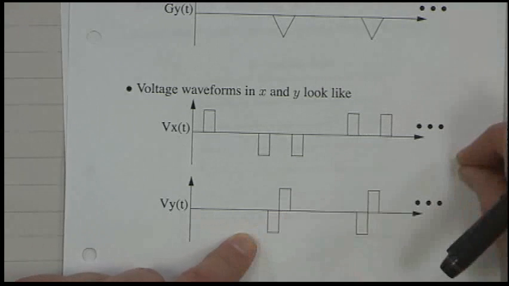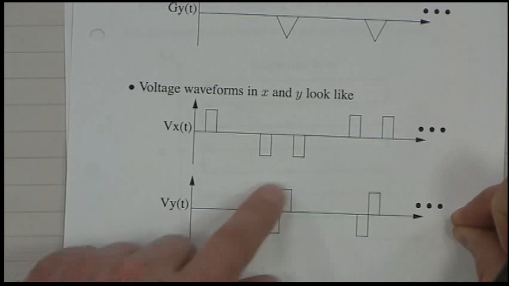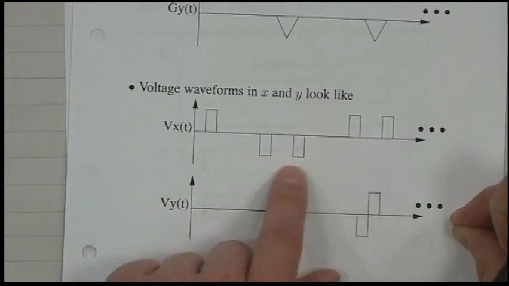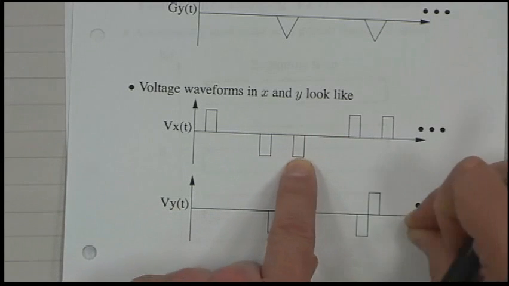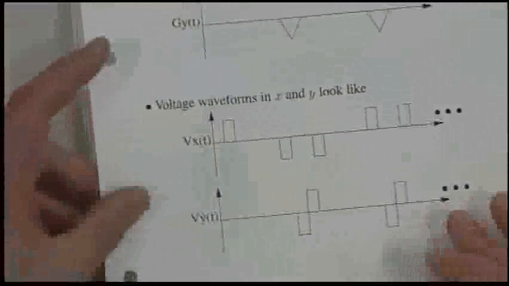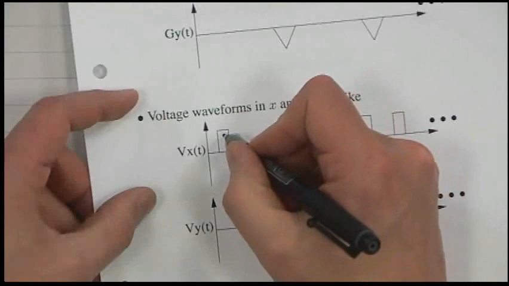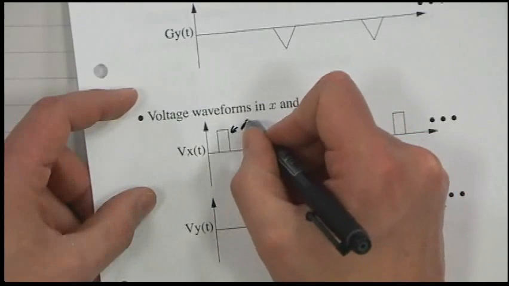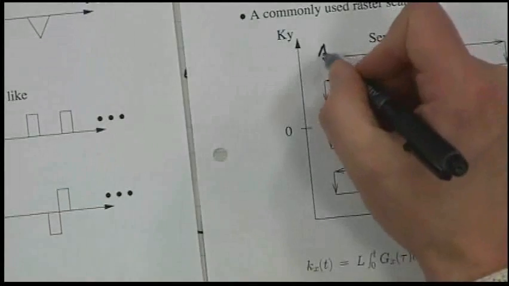So this thing will cause you to shift down a little bit, and then you put a negative pulse so that you go backwards, and then this stops you over here, right? So I guess that's A. So this point here is A, right?